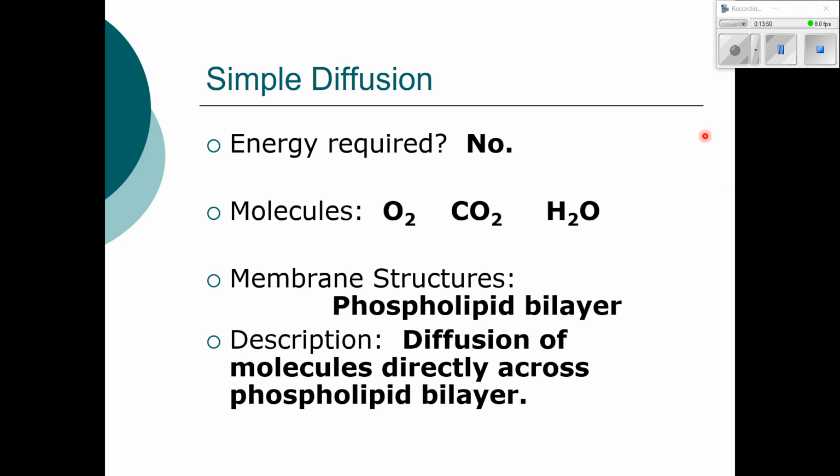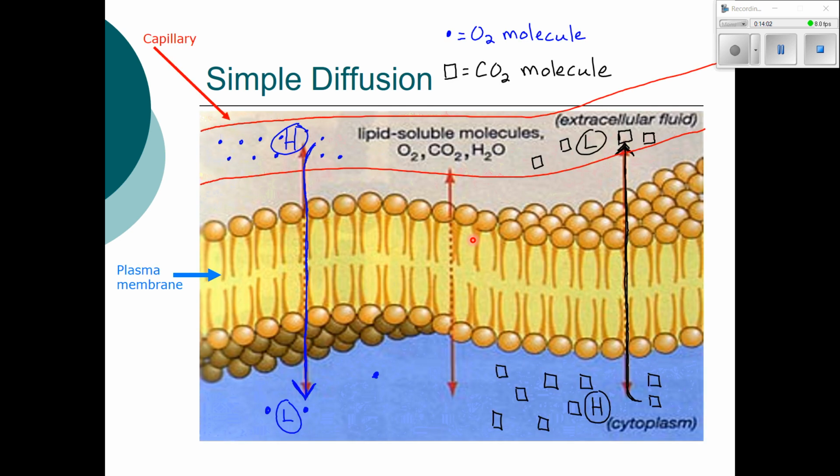Okay, this is probably a good time to point out a little bit of a vocab terminology thing that's kind of peculiar. If we are talking about oxygen or carbon dioxide passing across the membrane, like we saw in this picture, then we call it diffusion, simple diffusion.